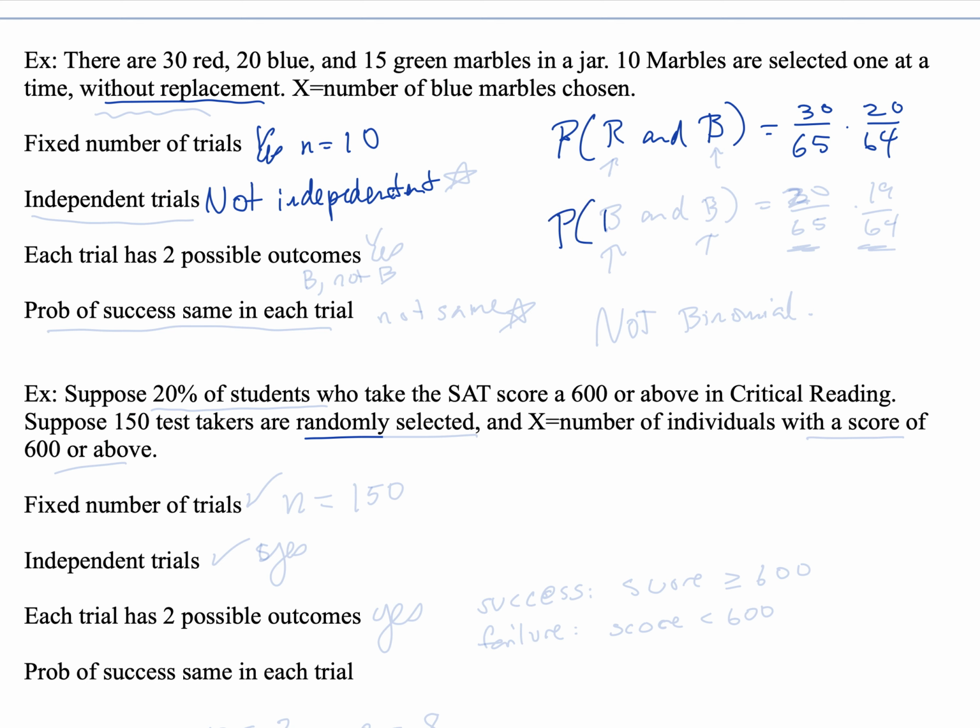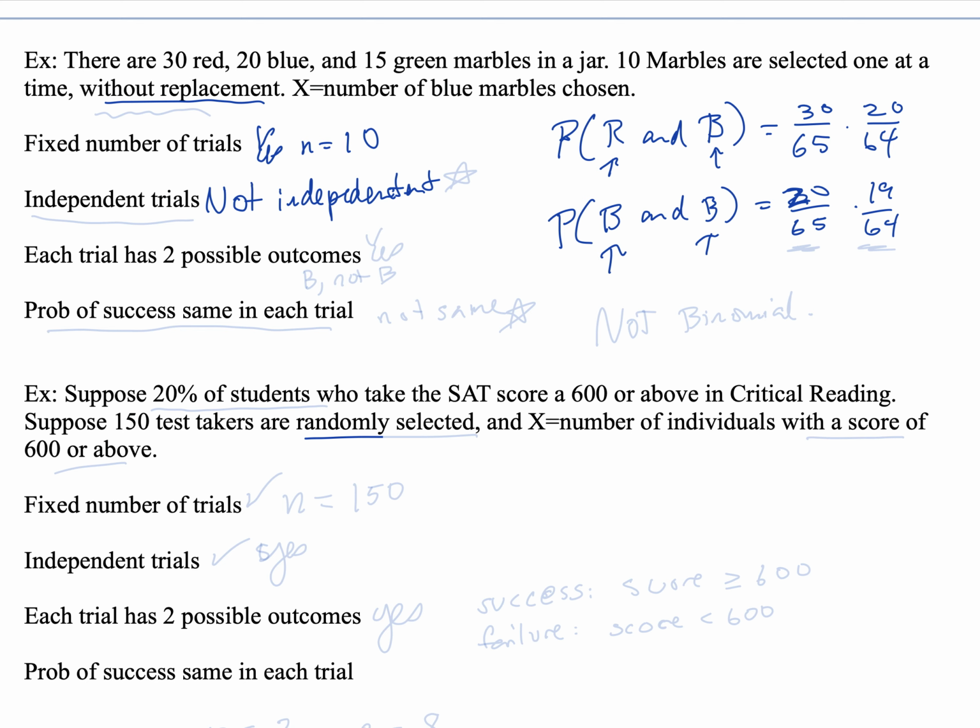Whereas the probability of taking two blue marbles in a row is 20 out of 65 for the first blue marble, and then 19 out of 64 for the second blue marble. So the outcome of the first trial affected the probability of the second.